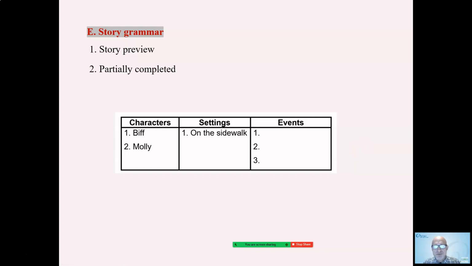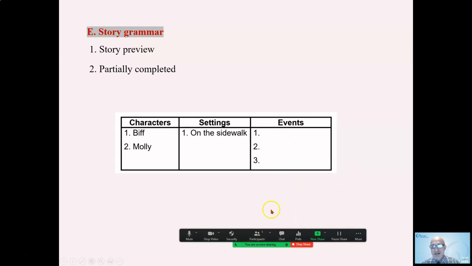You do a story preview, and you introduce some of the parts of the story grammar, and you tell students, okay, as we are reading, we are going to look for 3 important events here. Again, they're reading for purposeful intent. So during reading, they fill this out.